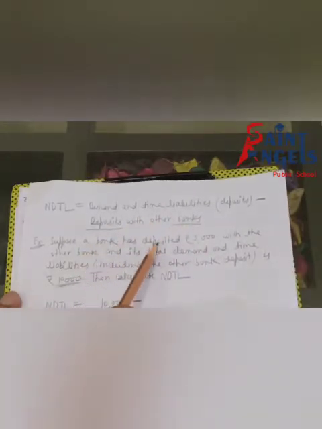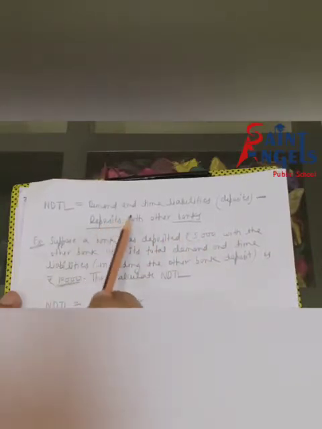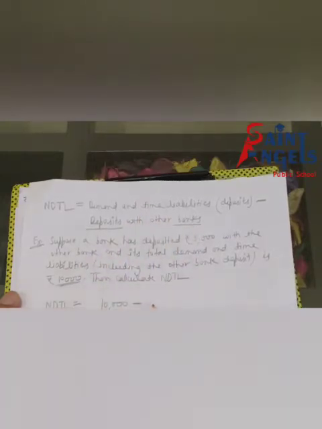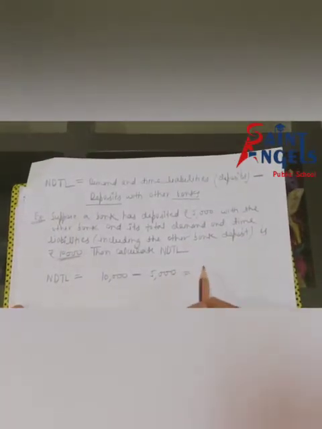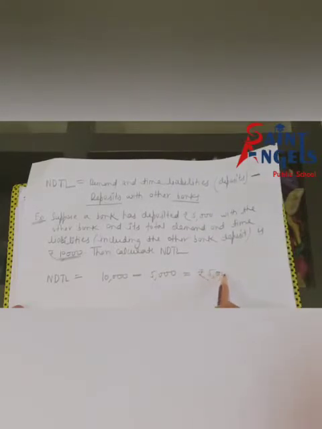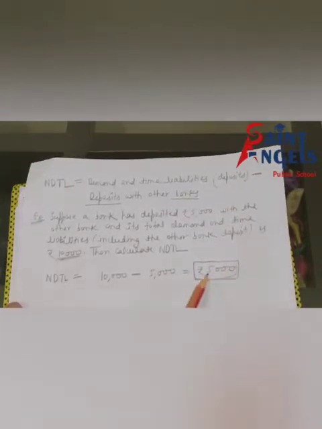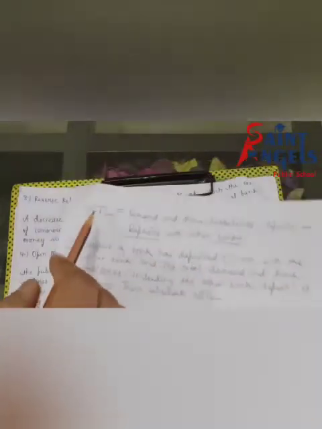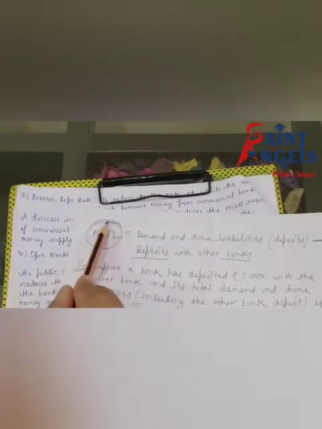A bank has deposited rupees 5,000 with the other bank, so deposits with other banks is rupees 5,000. Therefore net demand and time liability is rupees 5,000. This 5,000 will be considered as NDTL.